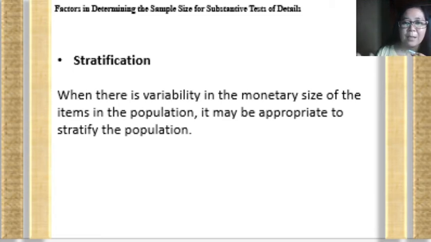For example, the auditor will group those items which are lower than 100,000, upper 100,000, below 1 million, upper 1 million, in performing his substantive procedures.